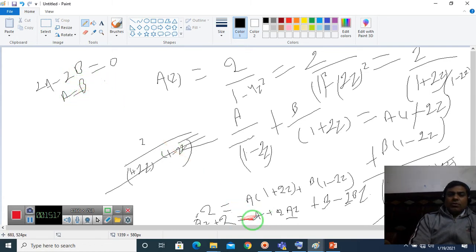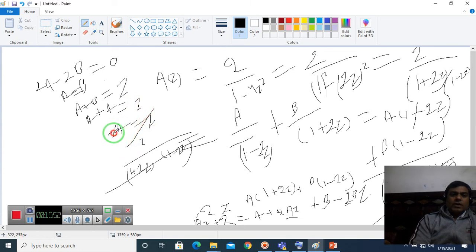Now we are going to compare the constant term: a plus b equal to 2. A equal to b we have already proved, so if we put b equal to a, it becomes 2a equal to 2.